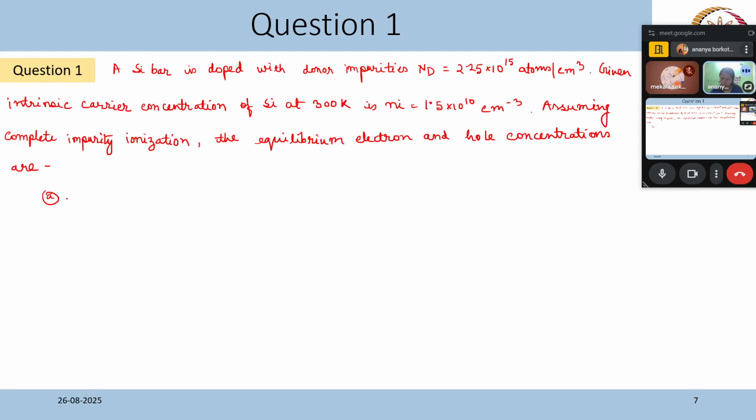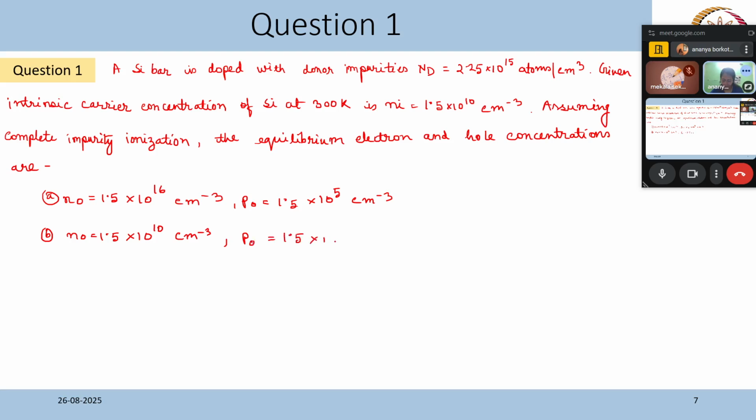So there are a few options. I think the options are not required, but since they are given in the question, I'm just writing them down.